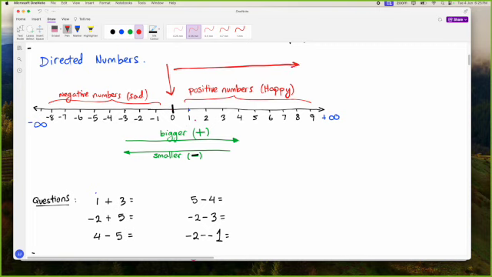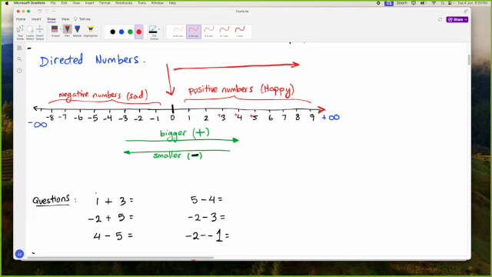So you can see we have 1, 2, 3, 4, 5, 6, 7, 8, 9. And this arrow goes to show that we go to positive infinity. So these are the positive numbers. They automatically have a plus sign in front of them, but you don't have to write the plus sign. They are positive numbers. You could think about them as being happy numbers, yes?